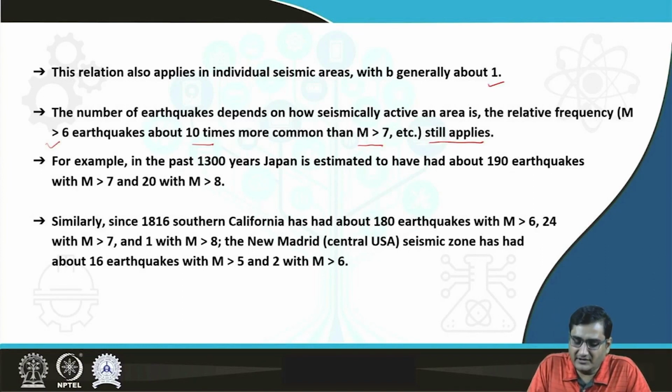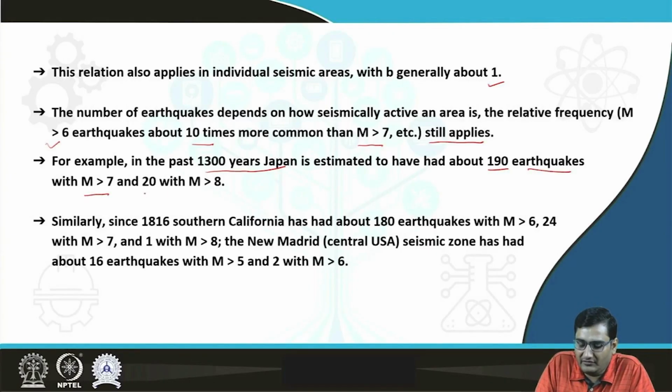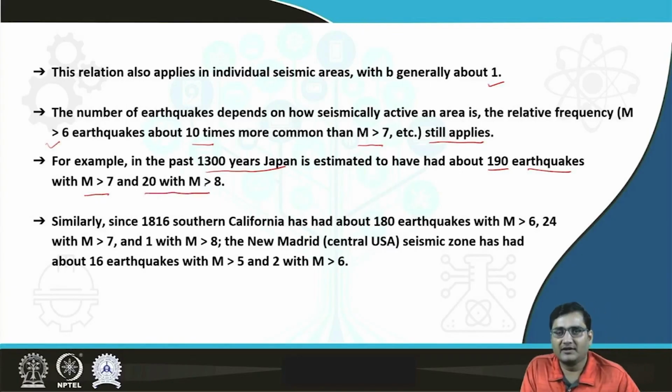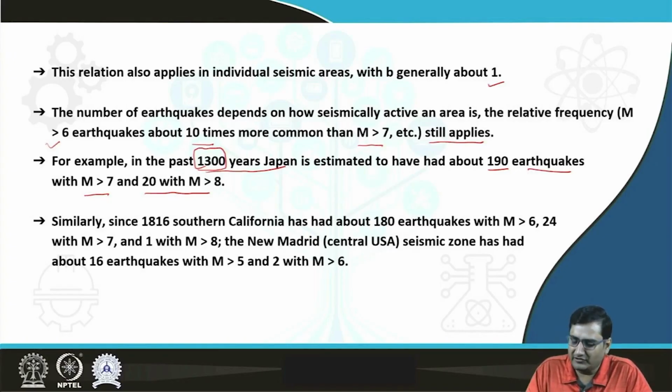For example, in the past 1300 years, Japan is estimated to have had about 190 earthquakes with magnitude greater than 7 and 20 with magnitude greater than 8. So you can see they are taking a more extended period of time, and then comparing to see whether the relationship holds true or not. You can see this is approximately holding true.